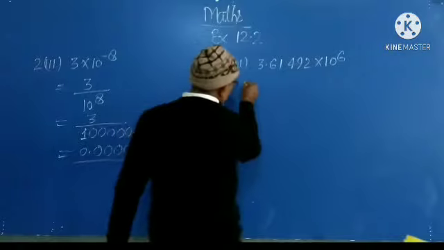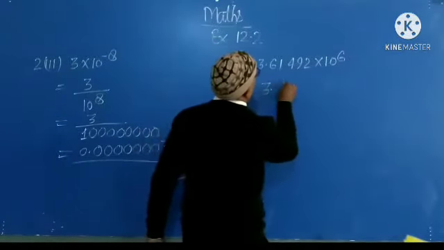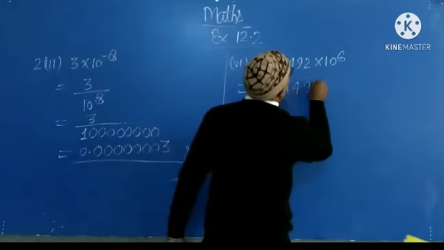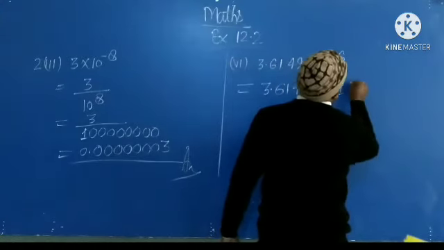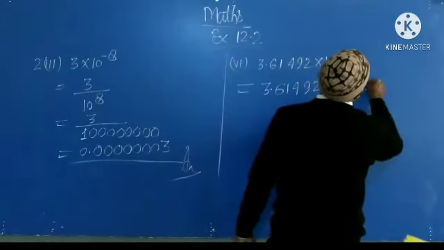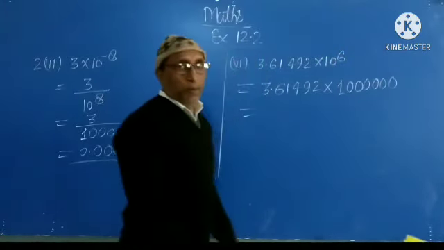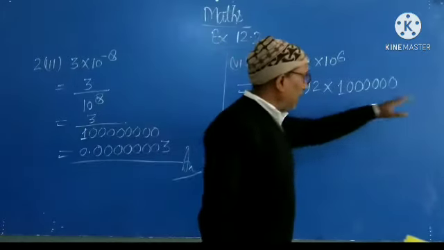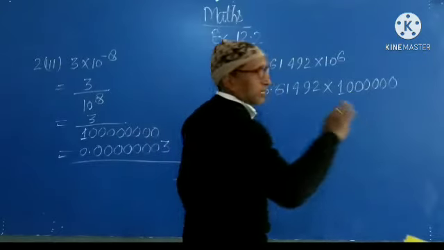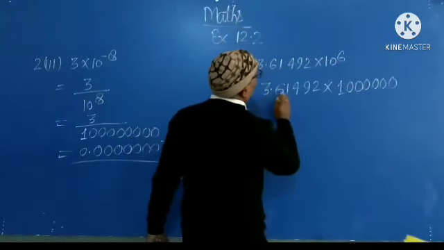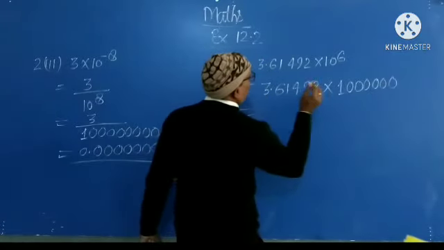You write this number also in usual form. This means you write 3.6149282 times 1 followed by 6 zeros: 1, 2, 3, 4, 5, 6, which means 10 lakhs. When you multiply this number by it, the decimal is shifted 6 digits to the right. You have how many digits after the decimal? 1, 2, 3, 4, 5, 6, 7.